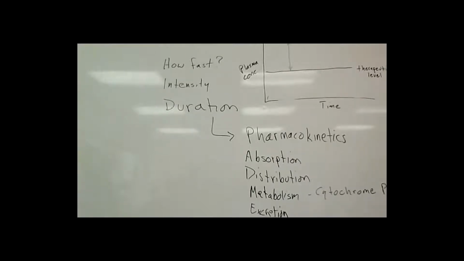Which is why if you're taking many of the antidepressant drugs and psychotic drugs that we have, and I hope you're not, but if you are, if they decide to change drugs, they need to give you a lengthy washout period so that your body can clear the old drug out before they start getting the new drug back in, because these drugs often interact very poorly and very dangerously.